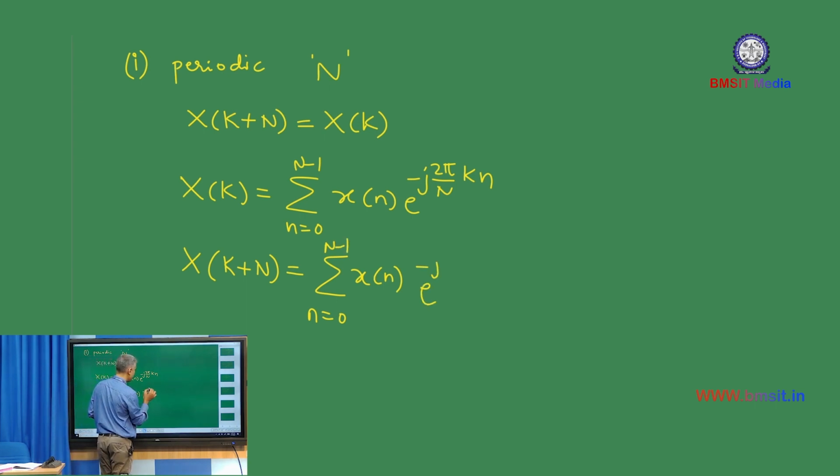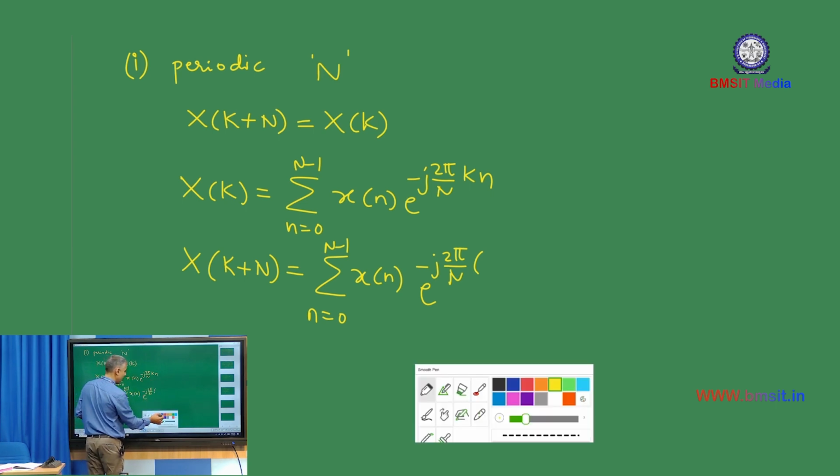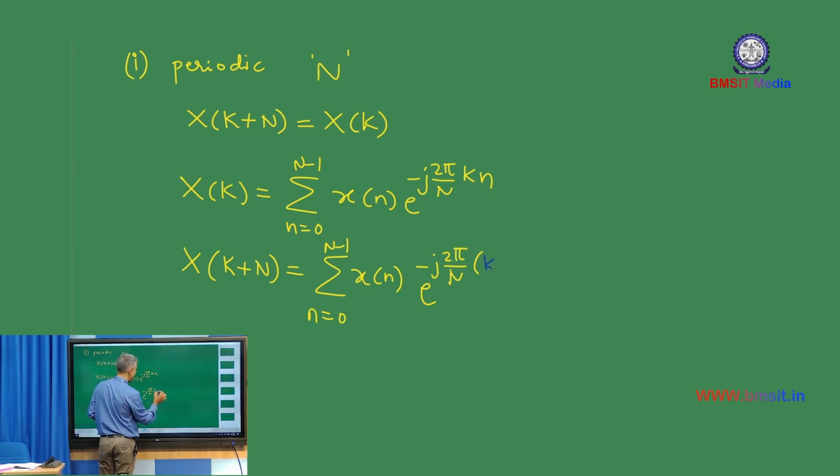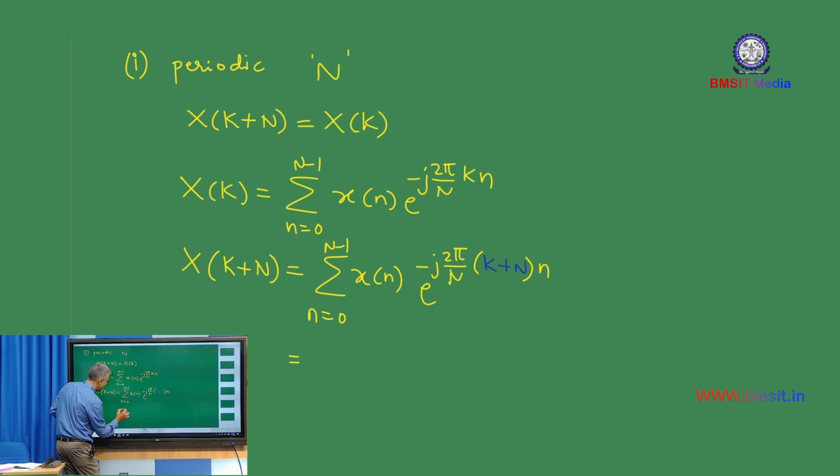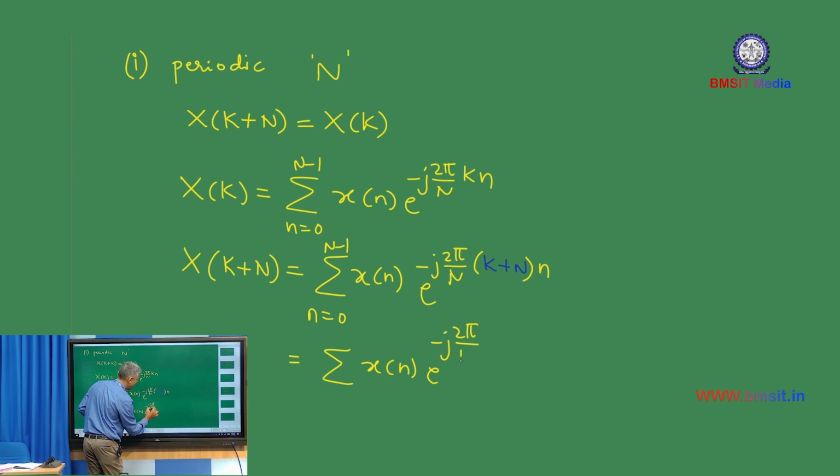Here, e raised to minus j 2 pi by N also does not change, but the only change is here, that is k is now k plus N into n. If I expand this, you will get x of n into e raised to minus j 2 pi by N k n, into e raised to minus j 2 pi by N N n.